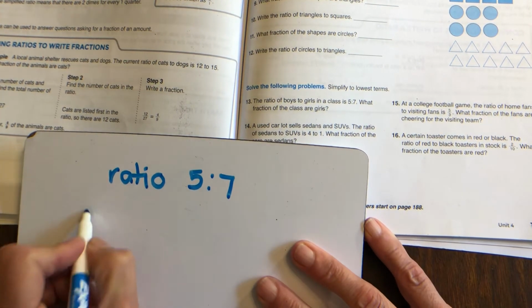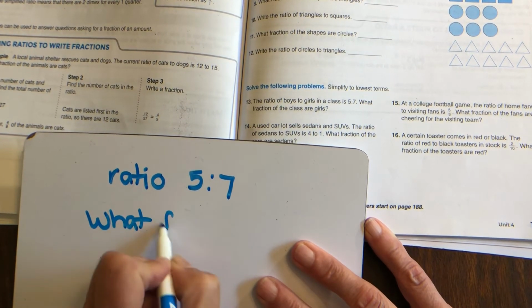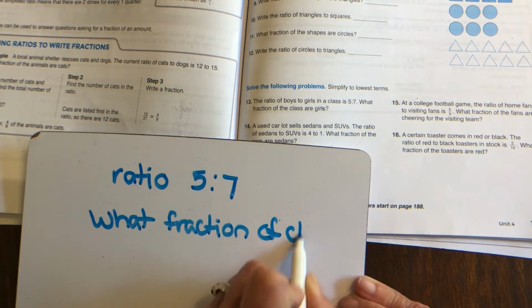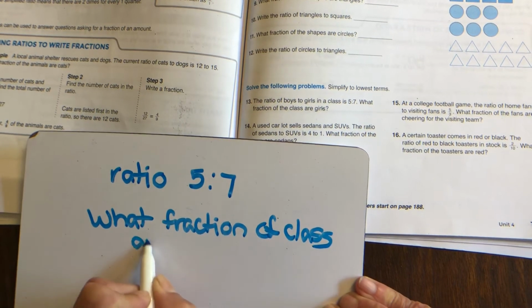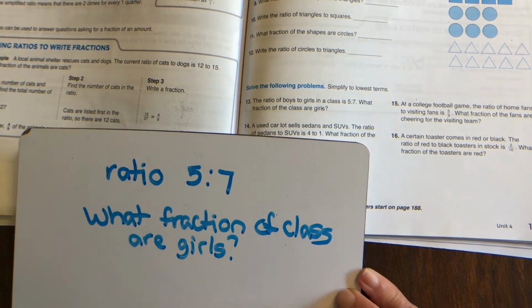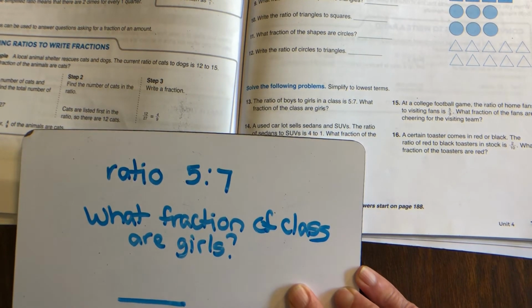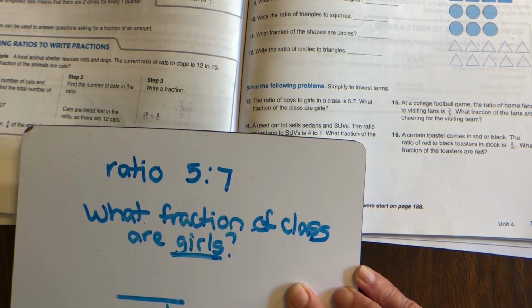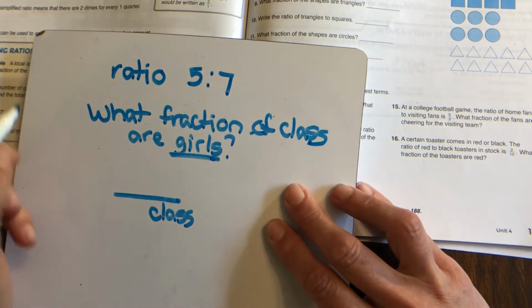And they're asking what fraction of the class are girls. All right, so now I need a fraction. Of the class means that's my total amount, class. And the part of the class would be my girls. Remember, it's part over whole.